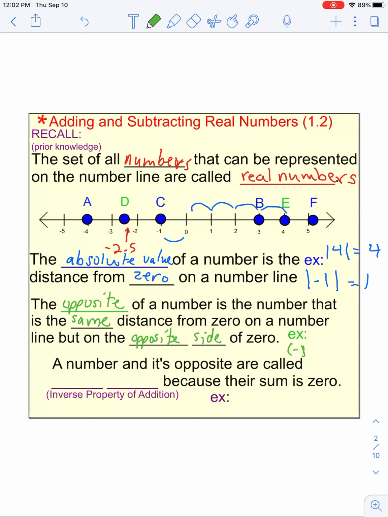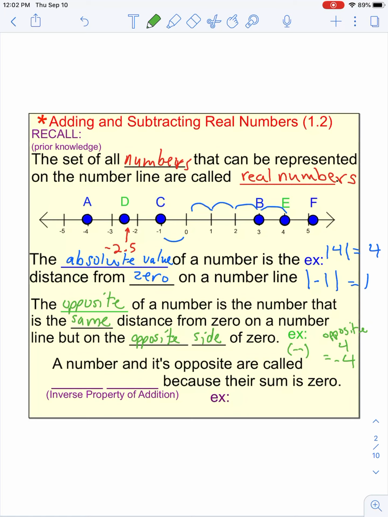So if I ask you to take the opposite of a number, I'm asking you how far away from 0 is it on the other side, so the same distance. So I could ask it using that negative symbol, or I could ask, what is the opposite of, for example, 4? Then that would be equal to -4.